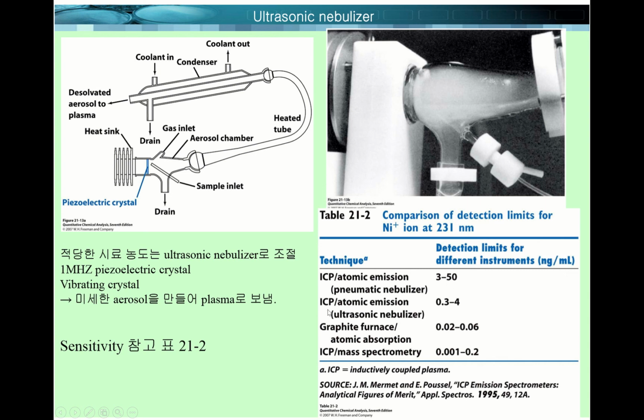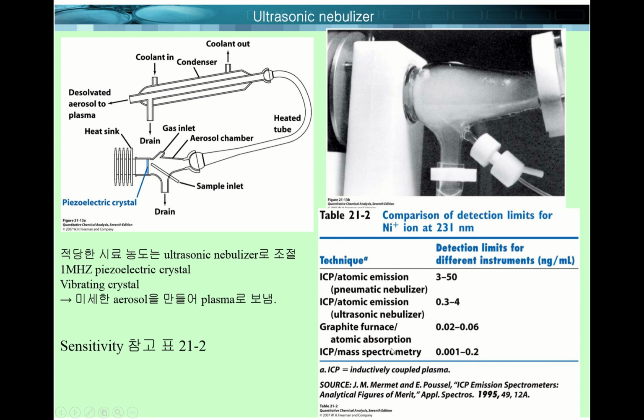For ICP atomic emission with an ultrasonic nebulizer, the detection limit even goes down to 0.324 nanograms per milliliter. With the pneumatic nebulizer, which is an ordinary nebulizer, you have a very good detection limit, but worse than with the ultrasonic nebulizer.